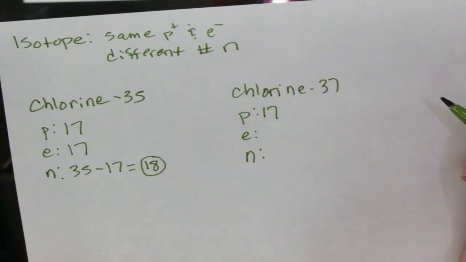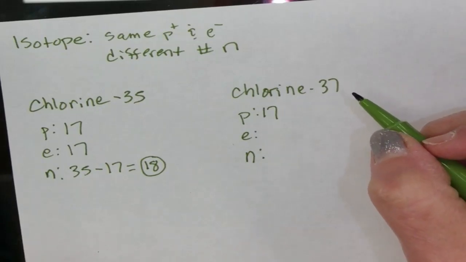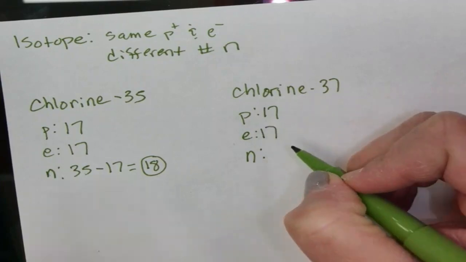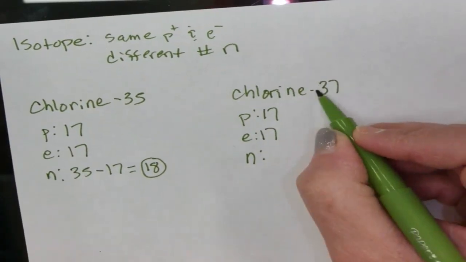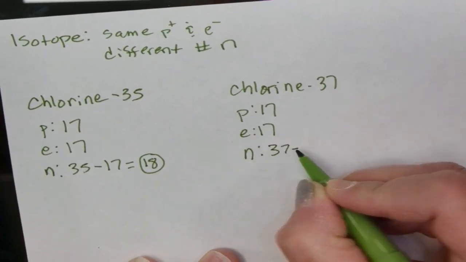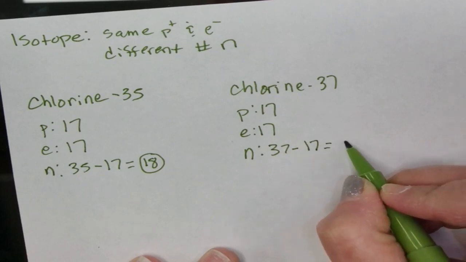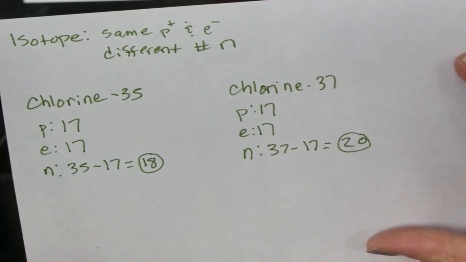We know that because there's no plus or minus with the value beside it. So that means protons and electrons are equal. And in order to find our neutrons, again, we take the mass number and we subtract out the proton number. So in this case, chlorine-37 has 20 neutrons.